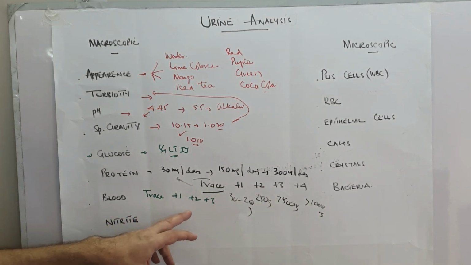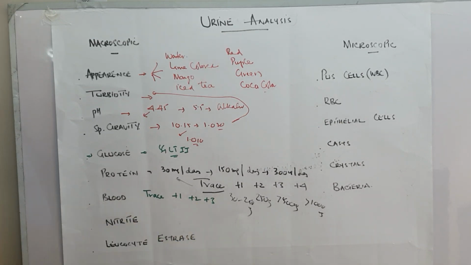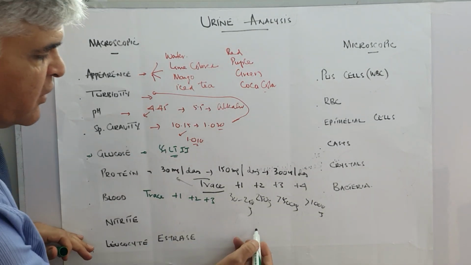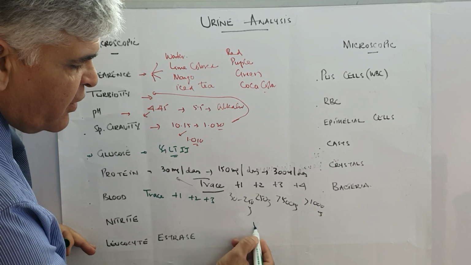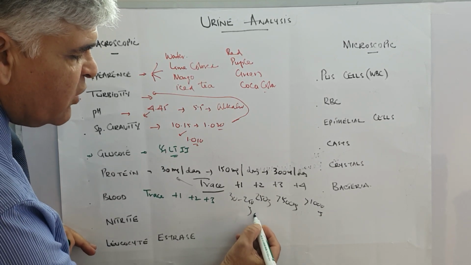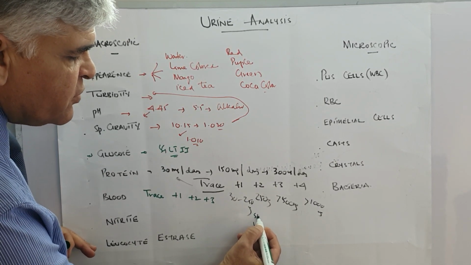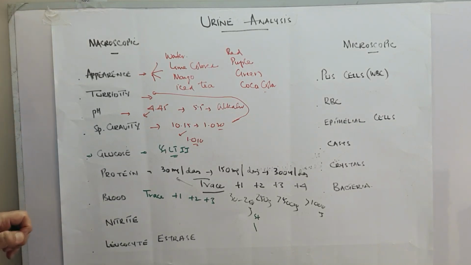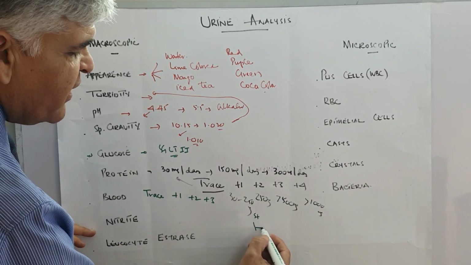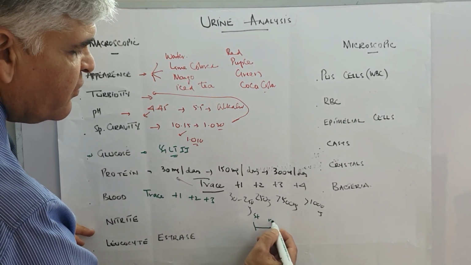But there is a catch. In a female, a menstruating female, it's important to know when to take the urine sample. Say, for example, if the first day of the start of periods is the first of the month, and we say that the cycle lasts for 5 days.